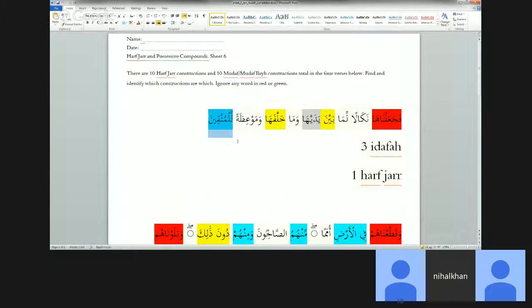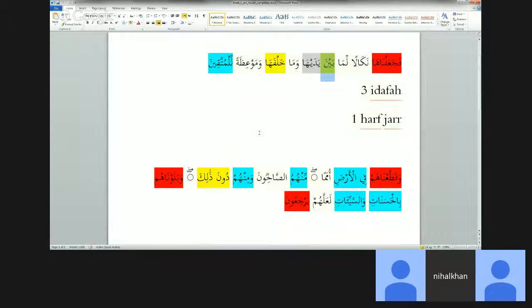So the harf jar is للمتقين, and then the idafa بين يديها, and then خلفها. Why? Because بين, you guys remember this from the recorded session, it was the harf of makan and zaman. Did you guys go over this? بين, خلف. Do you remember reading this part? Are there certain words that are automatically assumed to be mudaf? So bayna, khalfa, etc. Moving on.